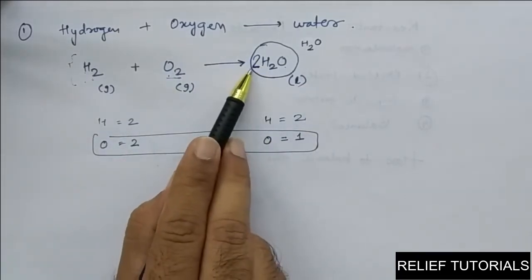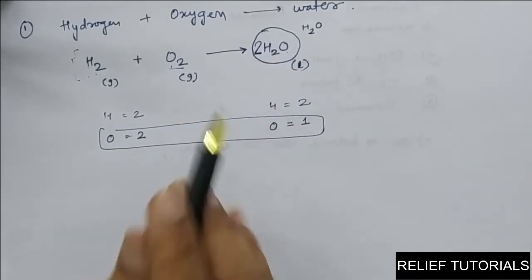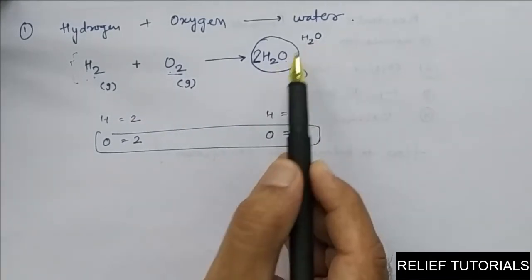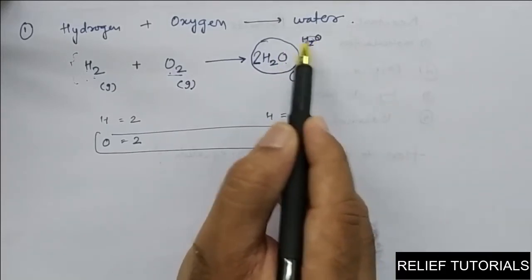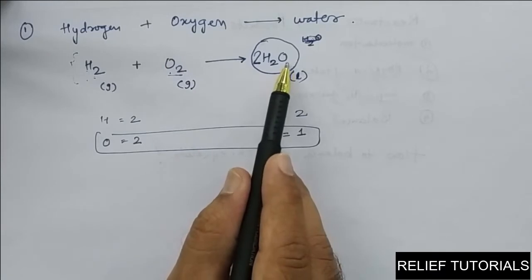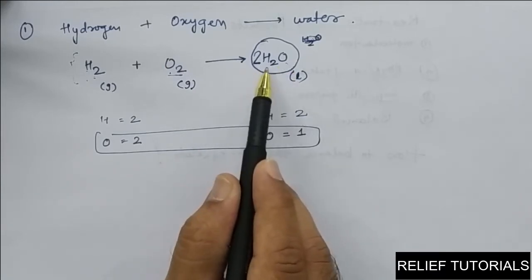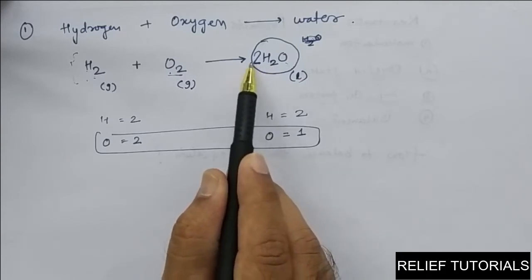So this 2 means 2 molecules of H2O. We don't have to write 2 separate H2O. So how many oxygens now? It is 2, but at the same time hydrogens are 2 2s, which are 4.